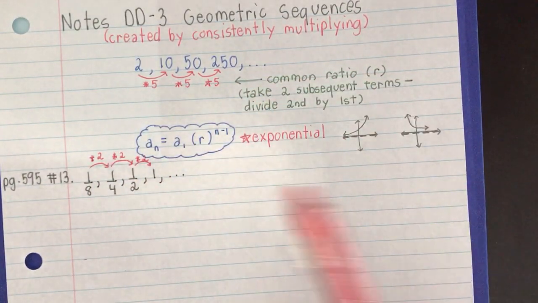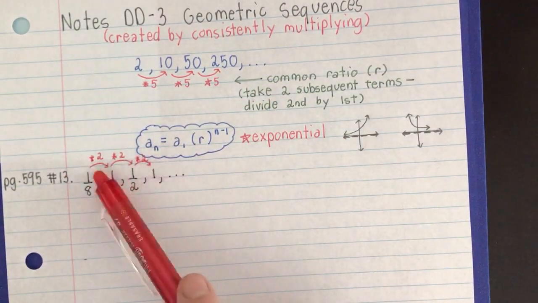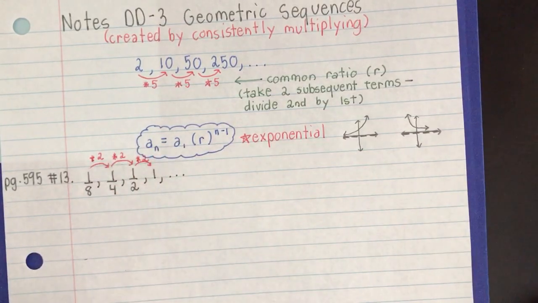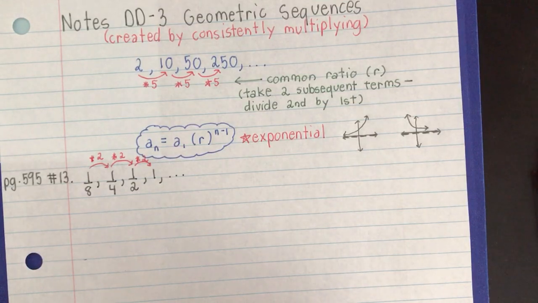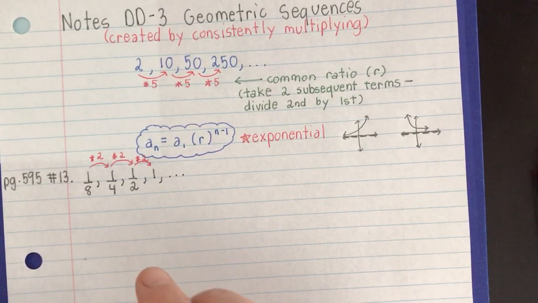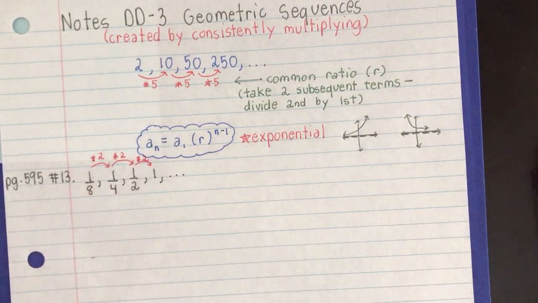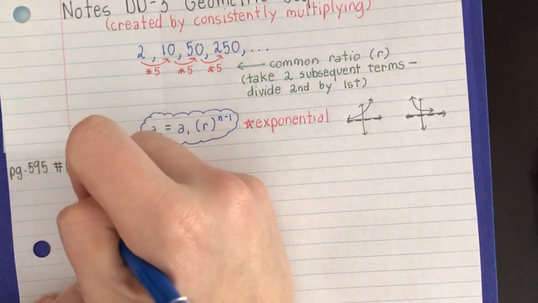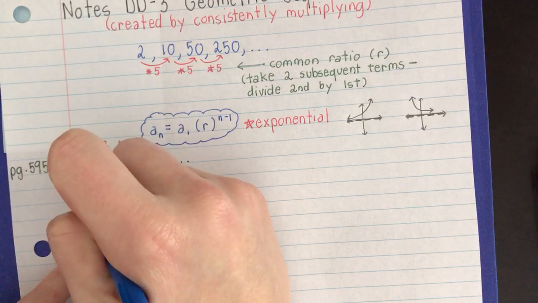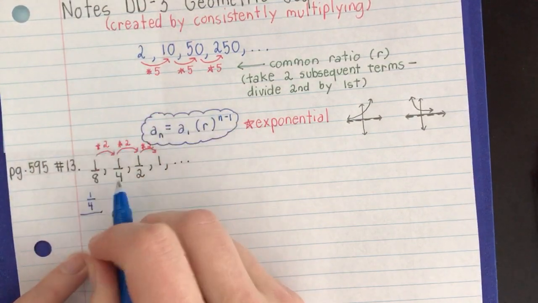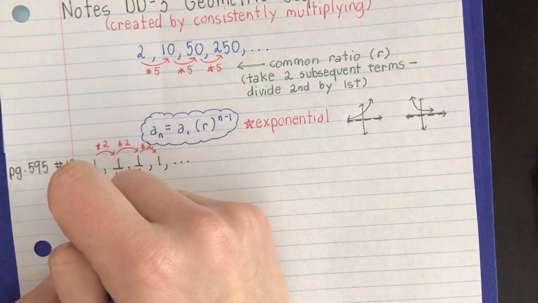If you were unsure and you didn't know that that was what was taking place, then remember, you can pick two subsequent terms. Let's just take the first two and divide the second by the first. That would look like 1/4, the second, divided by 1/8.